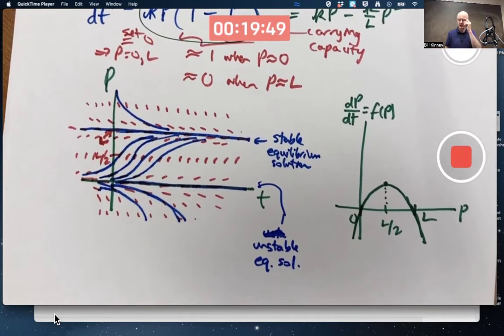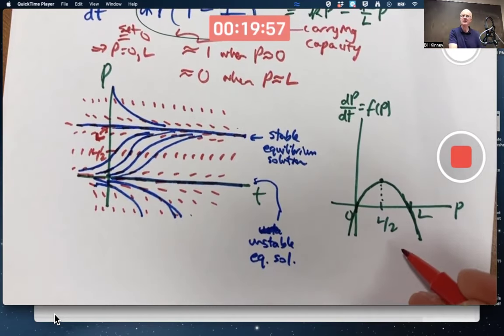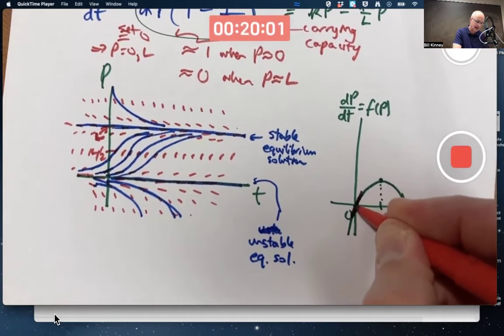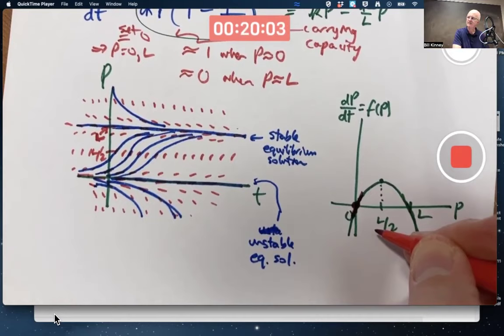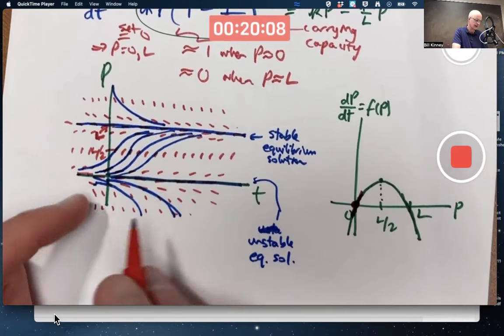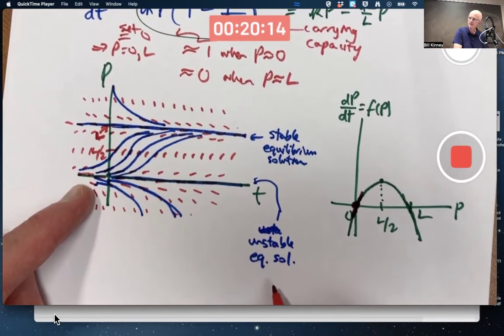When I teach differential equations with linear algebra, which some of you may take this fall, I really emphasize this f of P function. And I also emphasize that when the slope at an equilibrium point is positive, P equals 0 here corresponds to this equilibrium solution here, then the solution is going to be unstable.